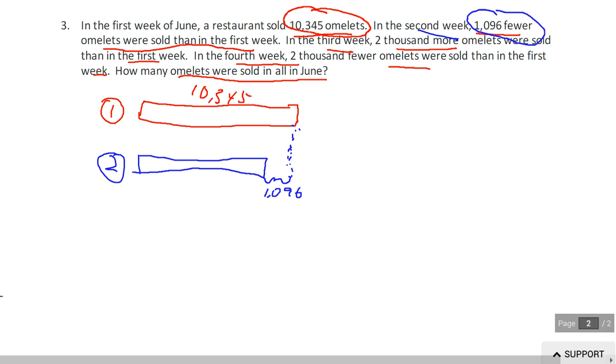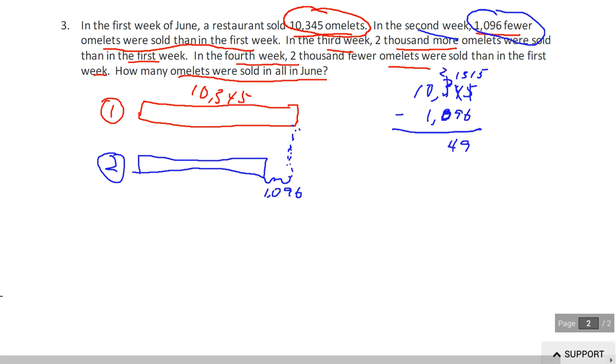Let's do our math over here. So 10,345, take away 1,096. Okay, so that's going to be 9, because this is a 15. This is 3, but then we're going to need to borrow from here, so that's 13.